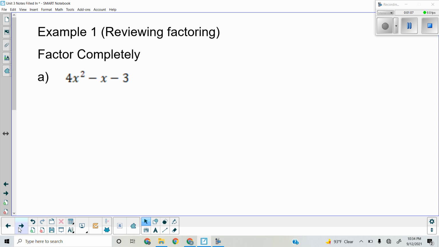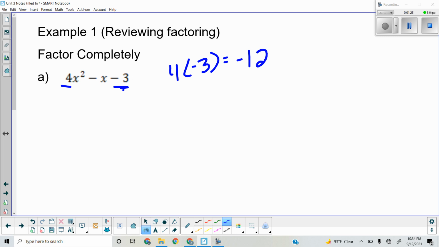So we have 3 terms. We're going to solve this using our complex ABC. So we multiply 4 and negative 3. So 4 times negative 3 equals negative 12. Now we need factors of negative 12 that add to make negative 1.